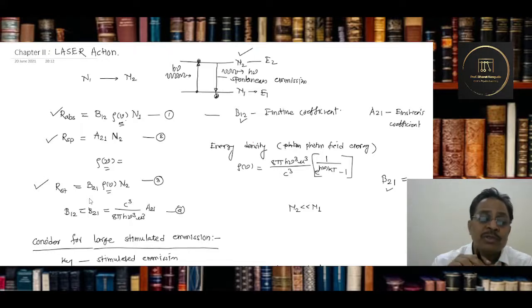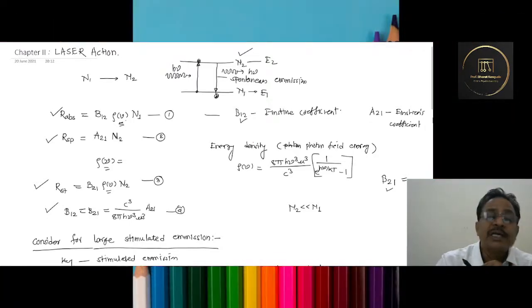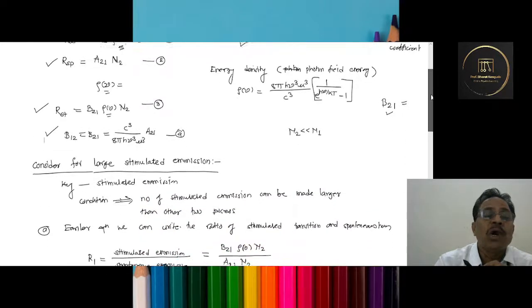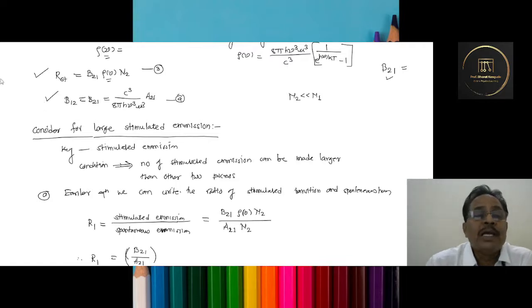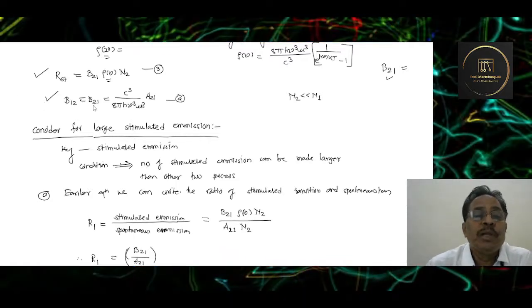Before that, we have seen one more very important relation, the relationship between the Einstein's coefficients. B12, B21 and A12 are connected by one simple equation, given by equation number 4. B12 is equal to B21 usually, and this can be obtained as c cubed upon 8 pi h nu cubed into mu cubed multiplied by E21.